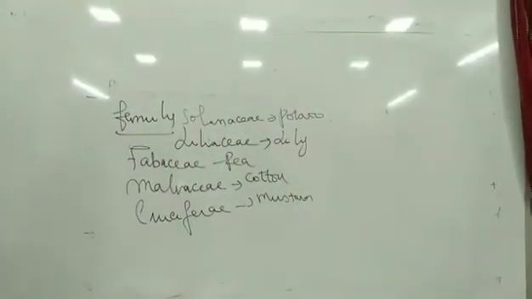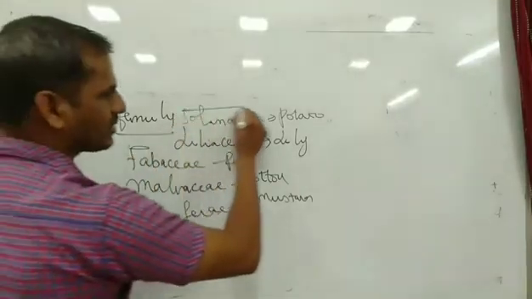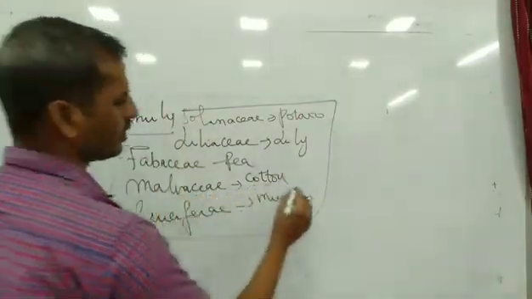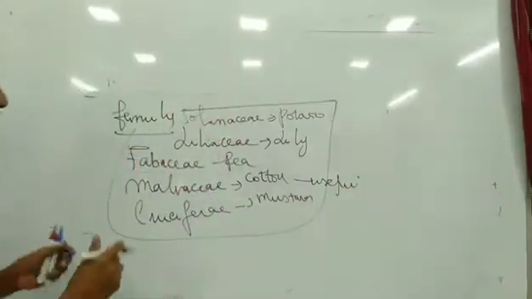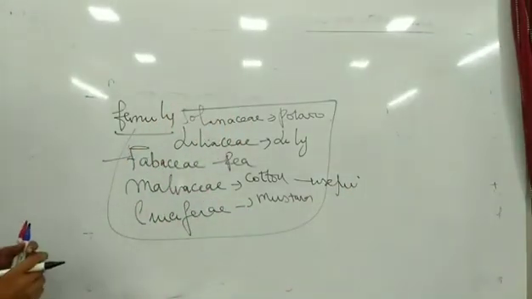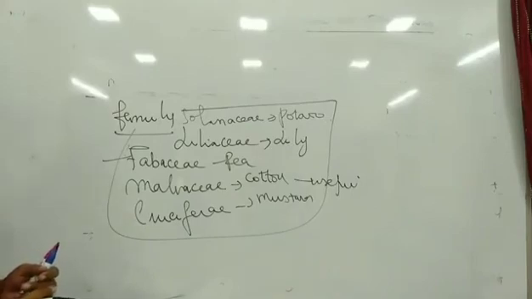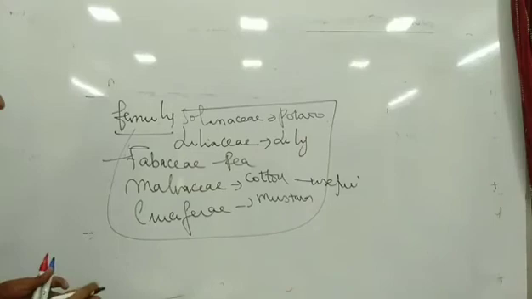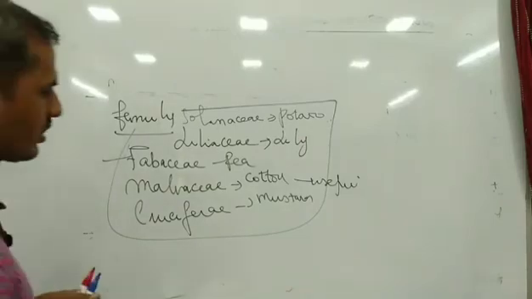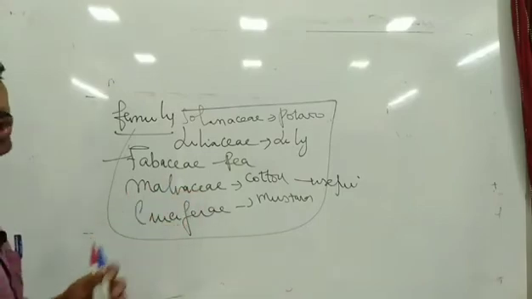The main thing is how each plant is useful for human beings. Fabaceae gives pulses, nuts, and medicines. Cotton from Malvaceae is used for clothing.